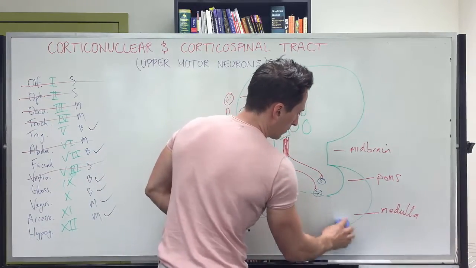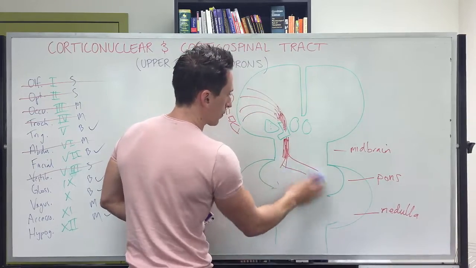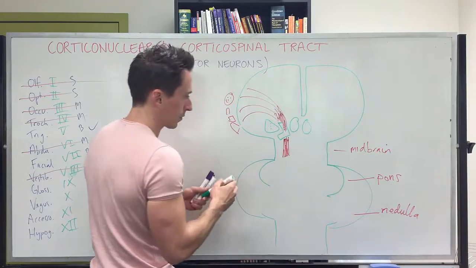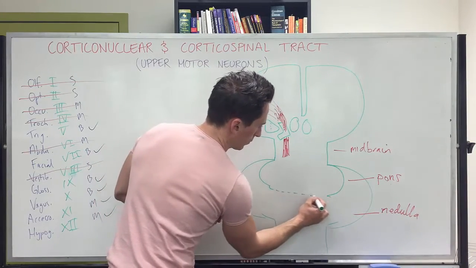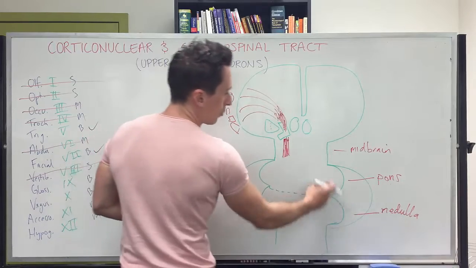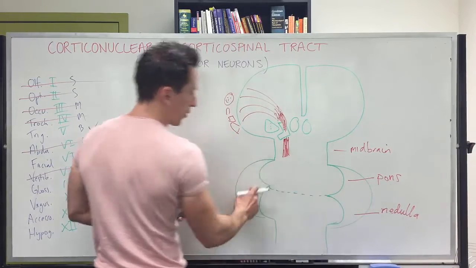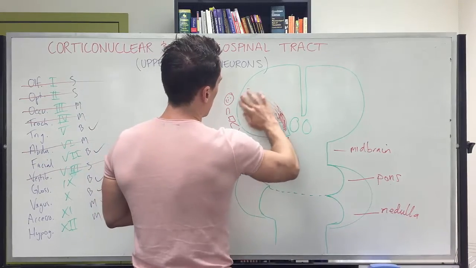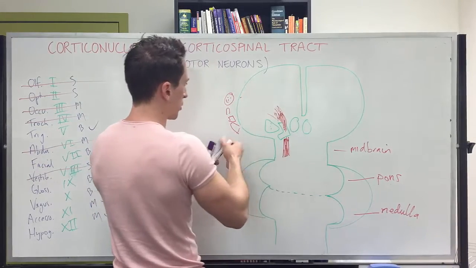these cranial nerves. And we've still got the midbrain, pons, medulla, and then the cerebellum behind it. Now what we're going to picture is that this signals the corticospinal tract.